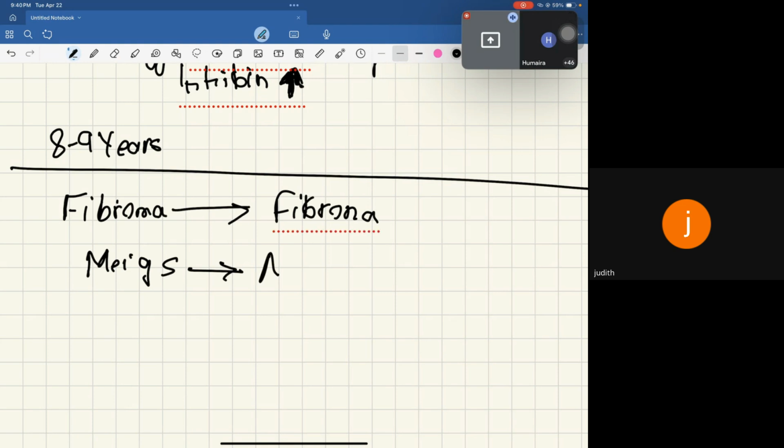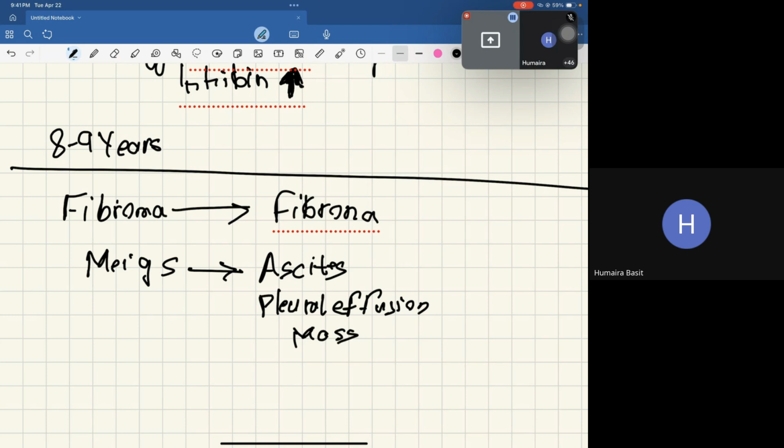There will be ascites, pleural effusion, and an ovarian mass. So remember, guys, if all three of these occur at the same time, the ascites, pleural effusion, and ovarian mass, that means the patient has an ovarian fibroma. Is everything clear till now?